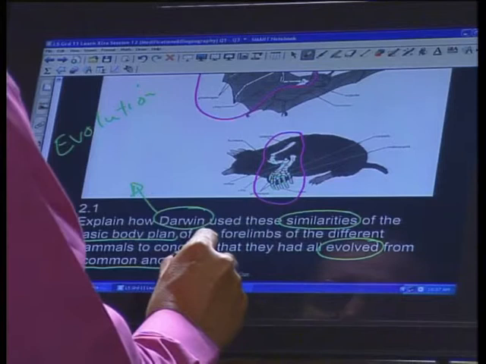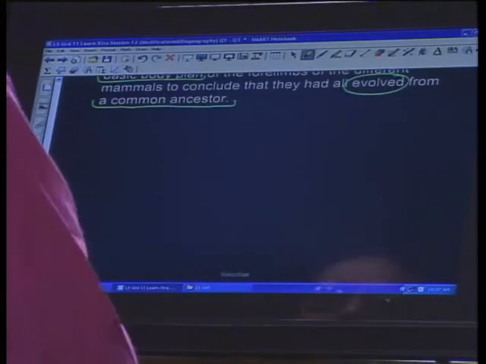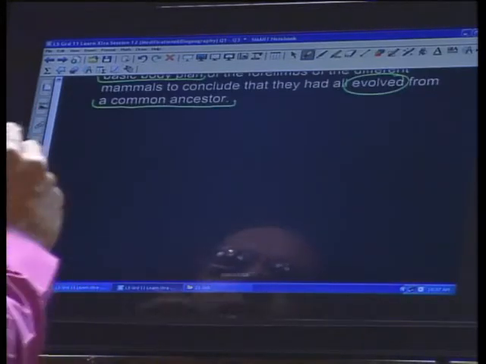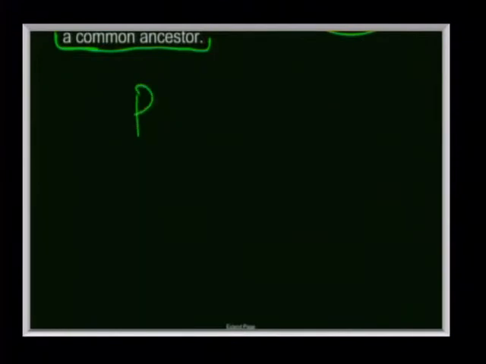So how would Darwin connect this? What Darwin basically says is that all of these organisms have a pentadactyl limb. In other words, the basic structure, for example in the forelimb, from the humerus to the radius, to the ulna, to the carpals, to the metacarpals, and then to the phalanges, is the same in all 5 of those organisms.